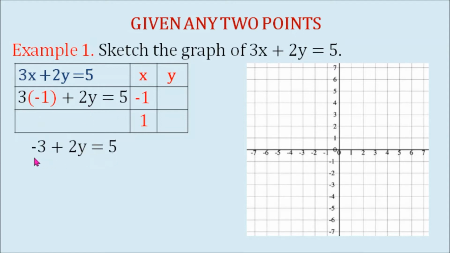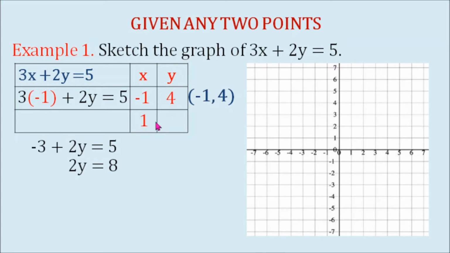Next step, add 3 on both sides of the equation. We have 2y equals 8. Then divide both sides by 2, so y equals 4. So this means our first point has the coordinates -1 and 4.